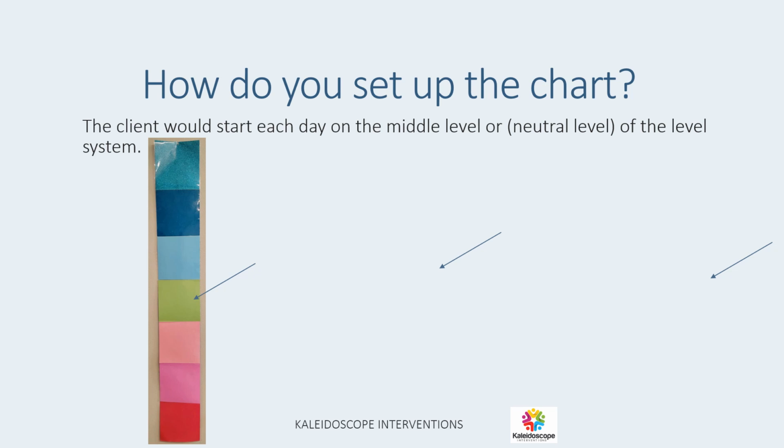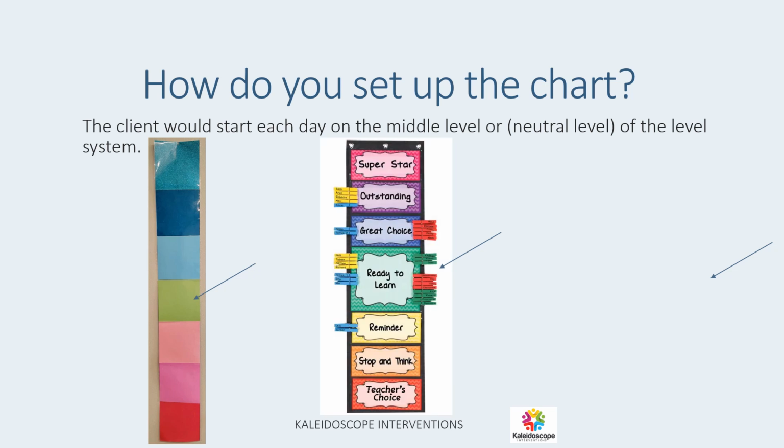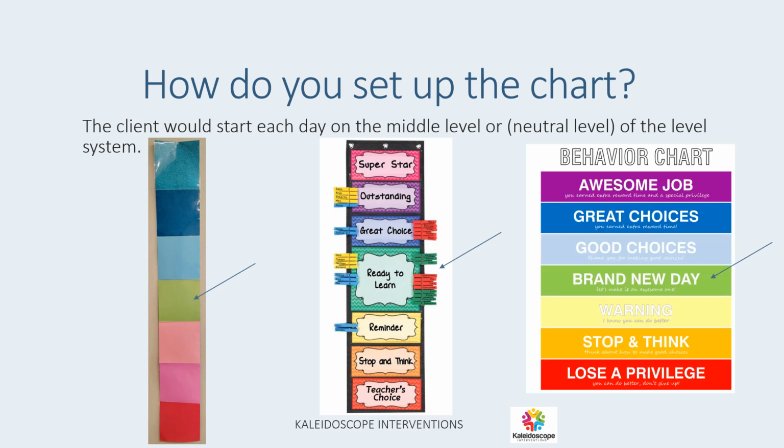Here, the client would start on the green level. In the middle example, the client would start in the green section or the section that says ready to learn. In the last example, the client would start on the green brand new day section.